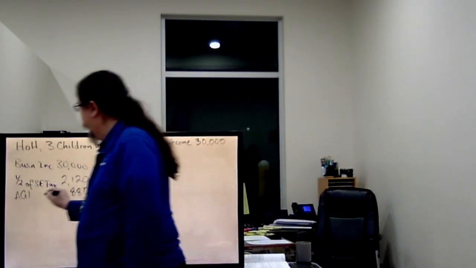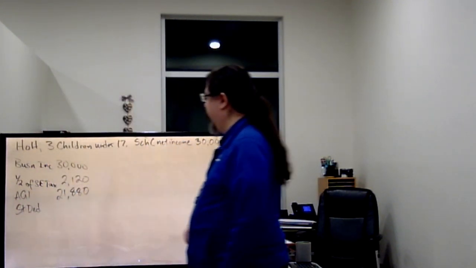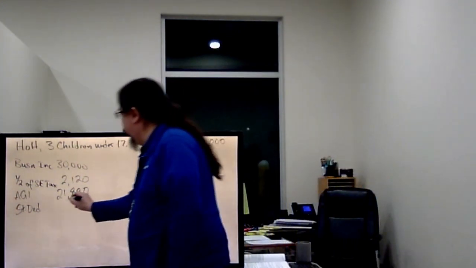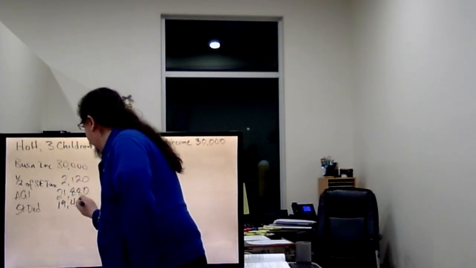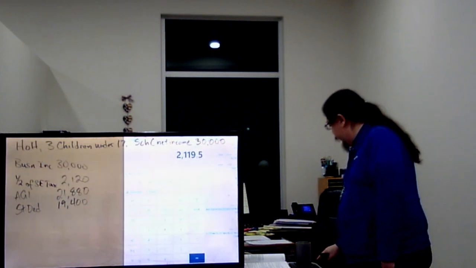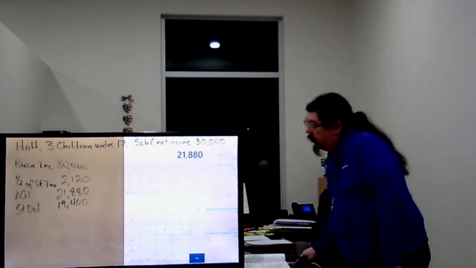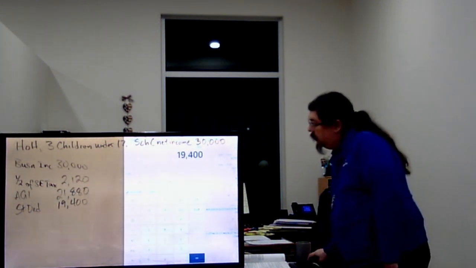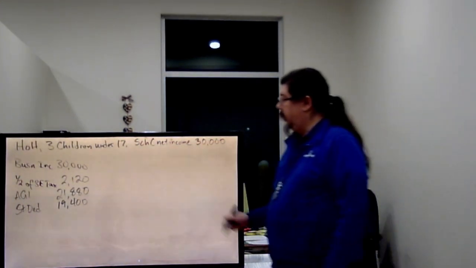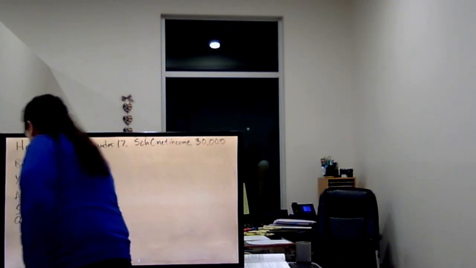Okay, and then they're also going to have a standard deduction, just assume, of 19,400. And we haven't introduced this yet, but I'll go ahead and include it anyway: they're also going to have a qualified business income deduction.